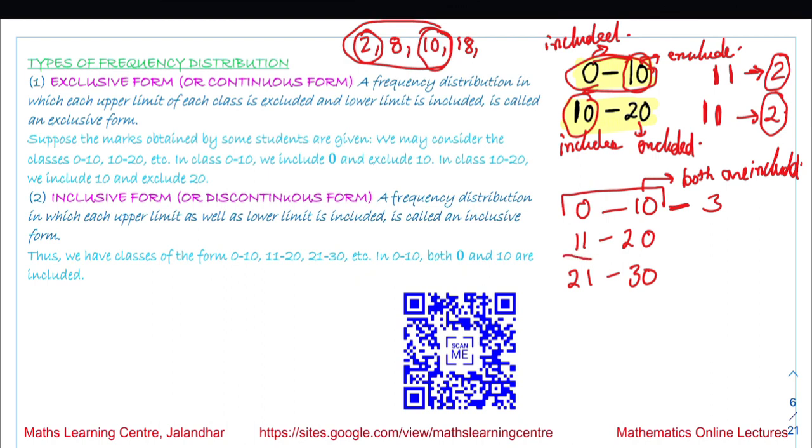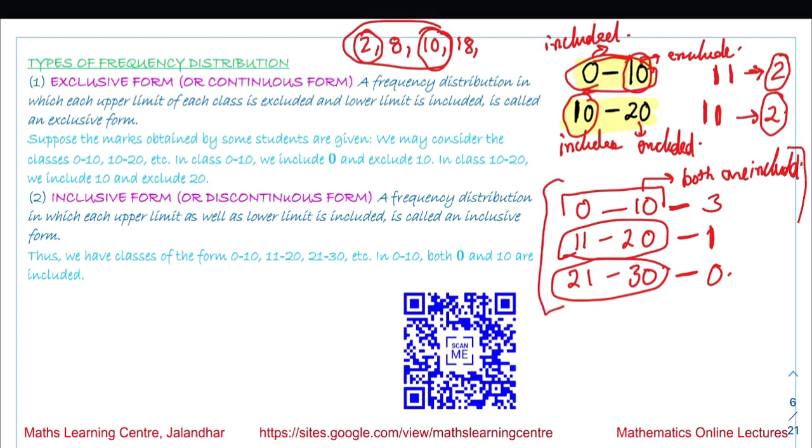Then 11 to 20, how many students are there? 1 student. And 21 to 30, how many students are there? 0 students. This kind of form in which both class limits, 0 and 10, are included is called the inclusive form.